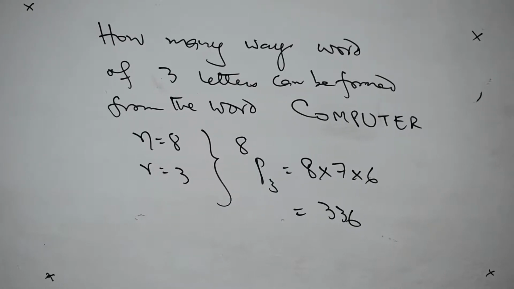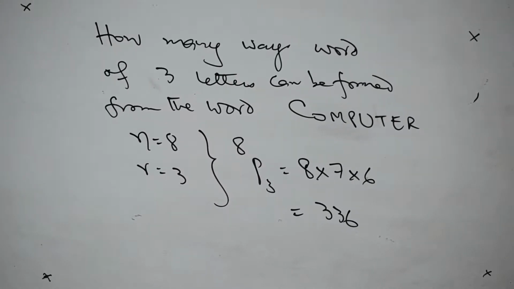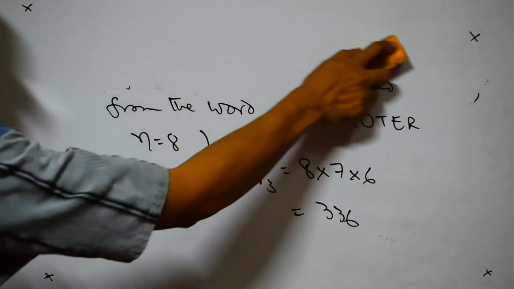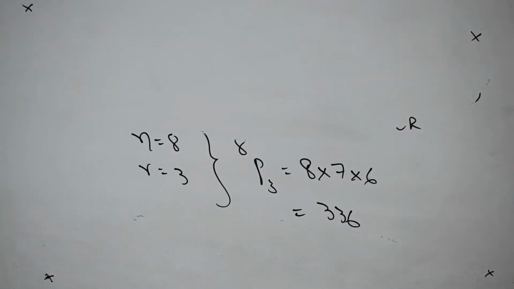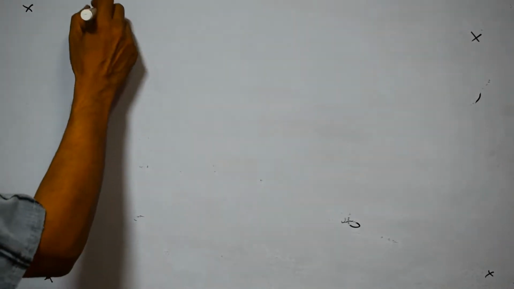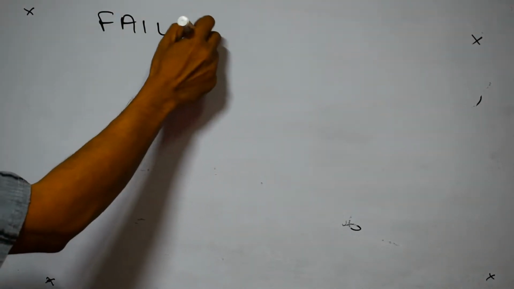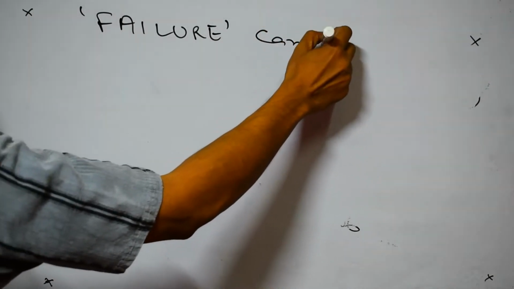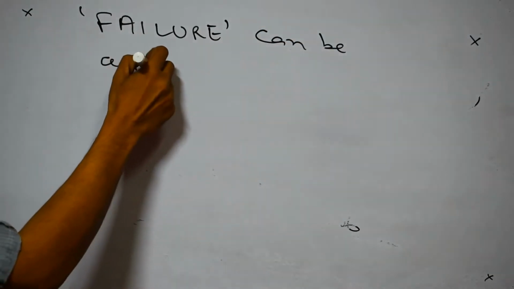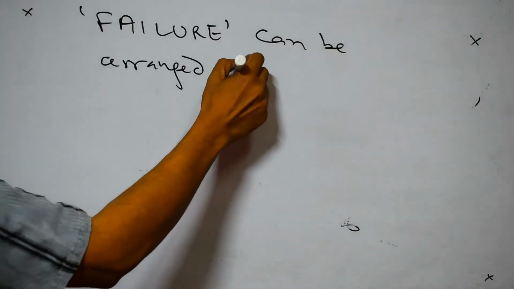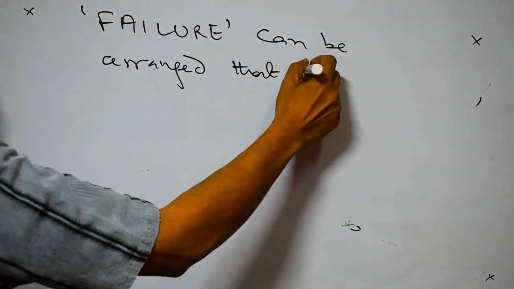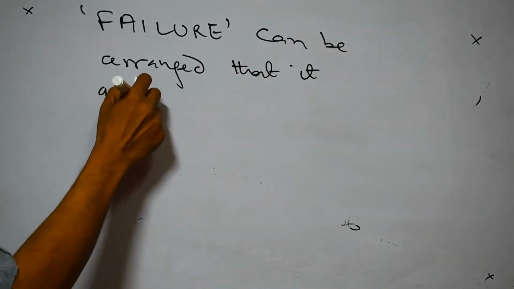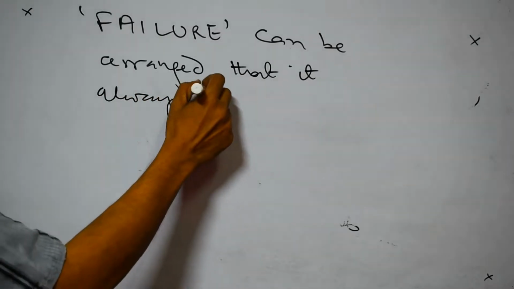Now we have some questions where we put some restrictions on the number of arrangements, like how many ways the word failure can be arranged so that it always includes the word fail.